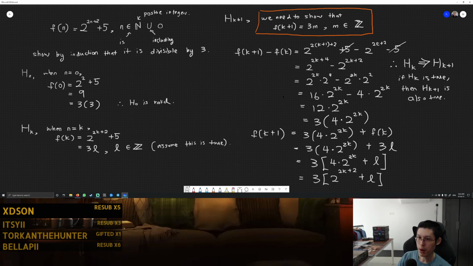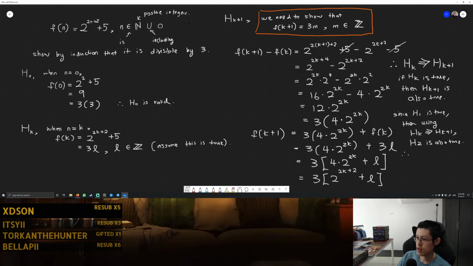But now we're going to combine this and our base case to show that it is true for any n greater than or equal to 0. So since H(1) is true, then using H(k) to H(k+1), H(2) is also true.